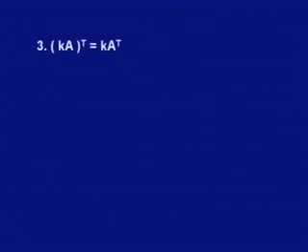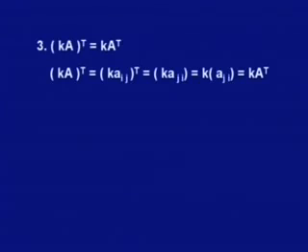The next property is that for scalar multiplication by K and then the matrix A, its transpose is K times A transpose. To prove this, I write down KA as having a typical element K Aij, because every element of A is to be multiplied by K by definition of this multiplication.